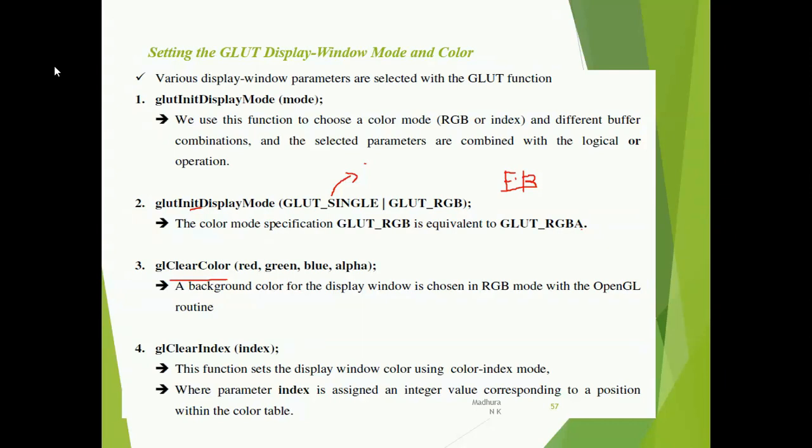So here, suppose you want to clear your background. Think that your display window has to be cleared with a certain background color. You can choose values for red, green, blue and alpha.